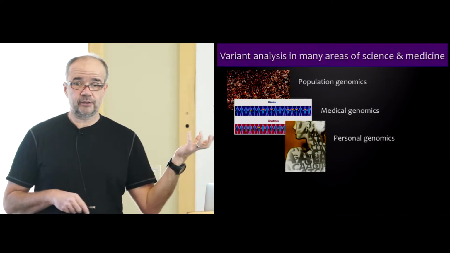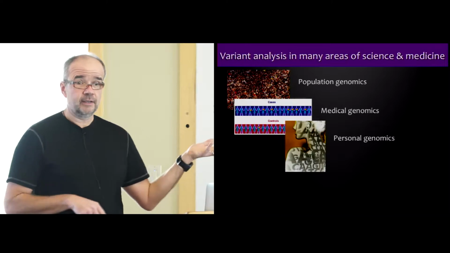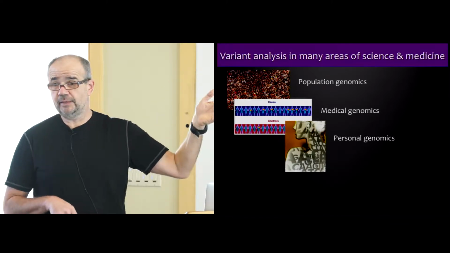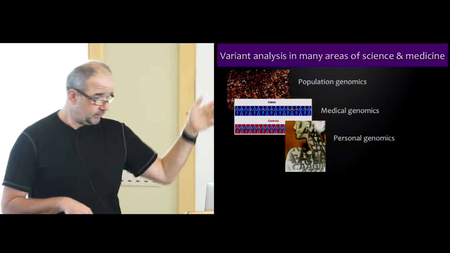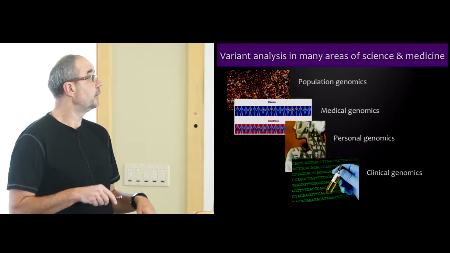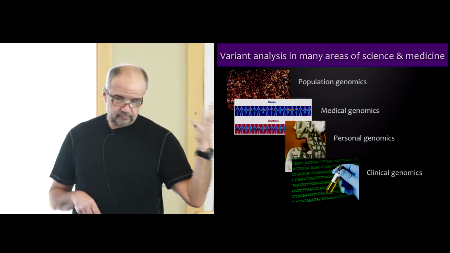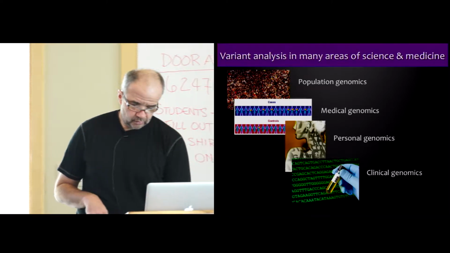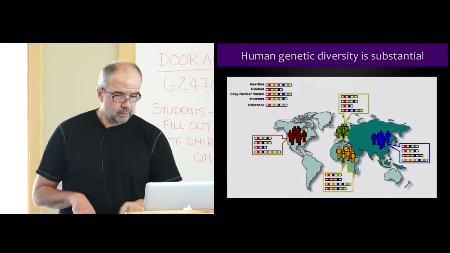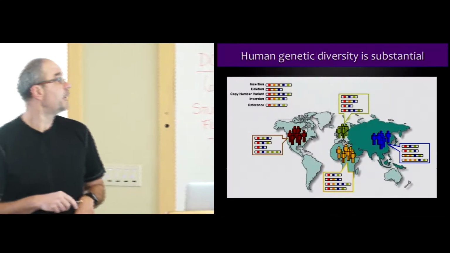Personal genomics, where you turn around and ask, in this particular individual, what gene or genes might be involved in a particular disease or phenotype, as well as clinical genomics, which is similar, but really is restricted to understanding, diagnosing and treating diseases.